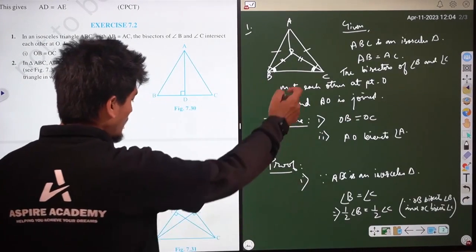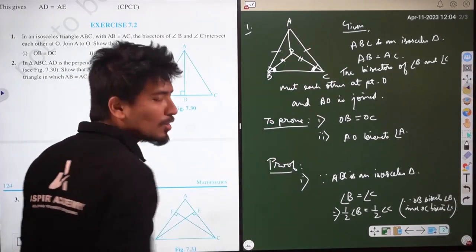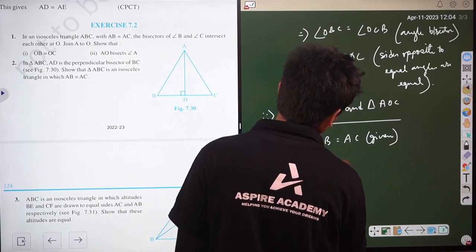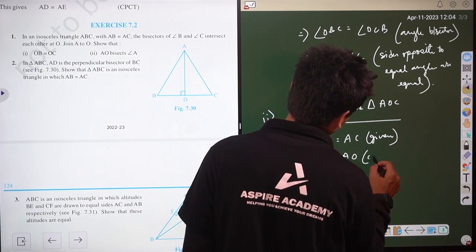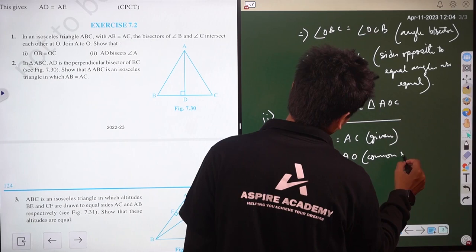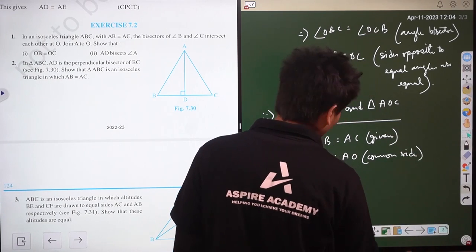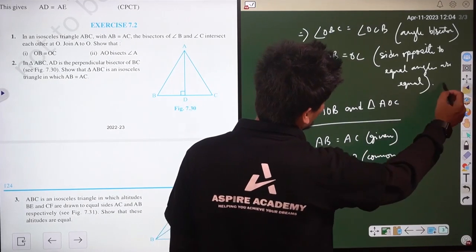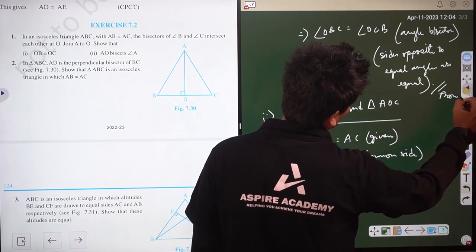Next, AO is the common side for both the triangles, that means AO is equal to AO. And also we have OB is equal to OC, which we have already proved.